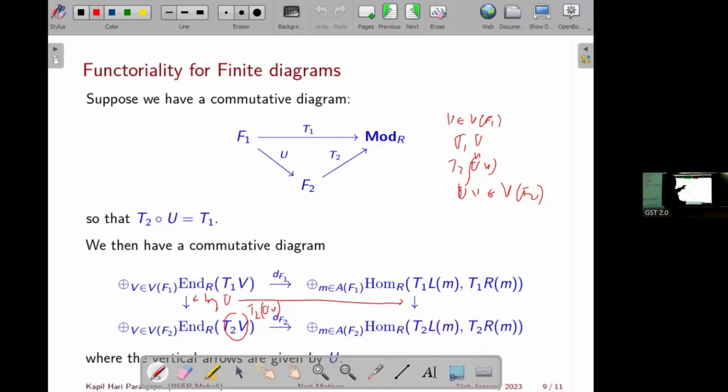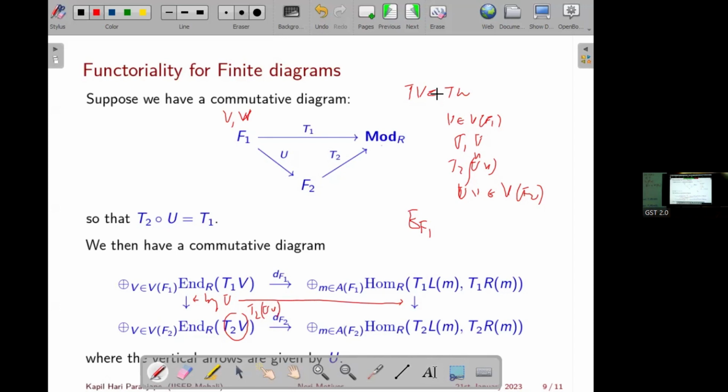It's a good point, one should check these things. If you have two vertices V and W here, and suppose two vertices go to the same vertex here, then check that each element of EF1 gives an endomorphism here and an endomorphism here, and these two are equal, then the endomorphism will be the same.